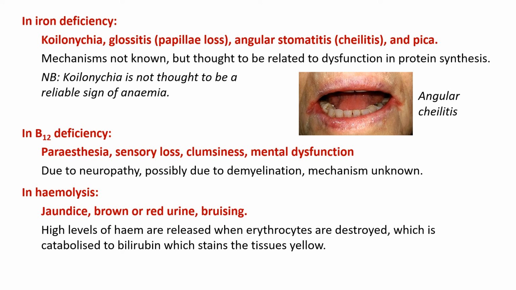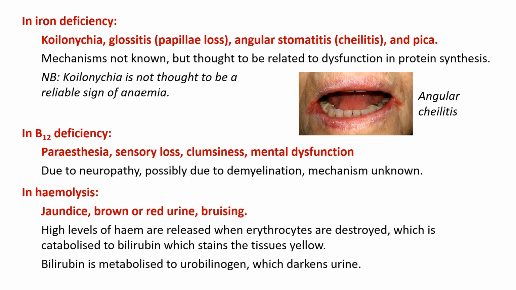It's also what gives urine its normal colour. Bilirubin is metabolized to urobilinogen normally, and this gives us that normal straw colour of urine. Obviously, if there's large amounts being metabolized to urobilinogen, the urine is going to get darker and darker and darker.